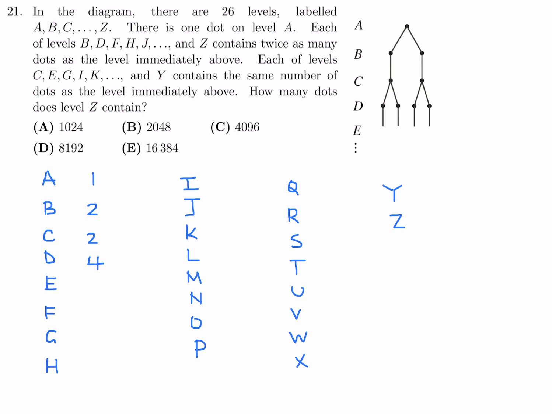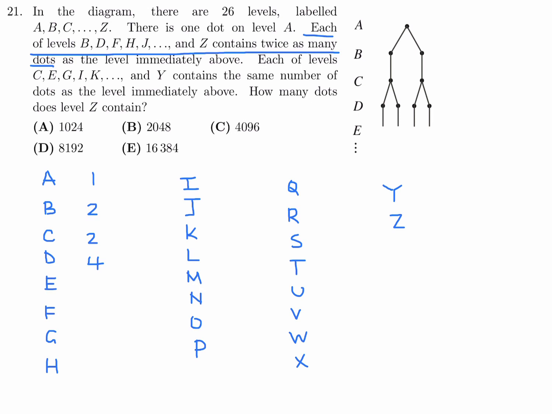But they give us quite a bit of information in the question that each of the levels that are B, D, F, H, J, all the way to Z contain twice as many dots as the level immediately above. Okay, so the first few have already been given, so we just have to figure out the rest.